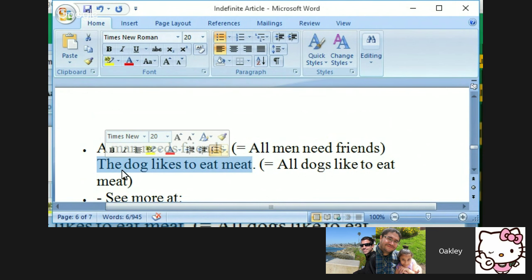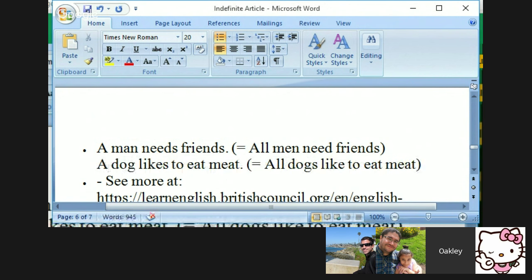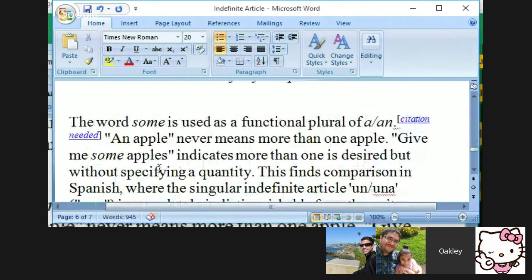It's extremely formal and not really useful for 99% of us because we don't write textbooks. If you see it, yes, it is viable. It is possible. But generally, more or less useless for most of us.